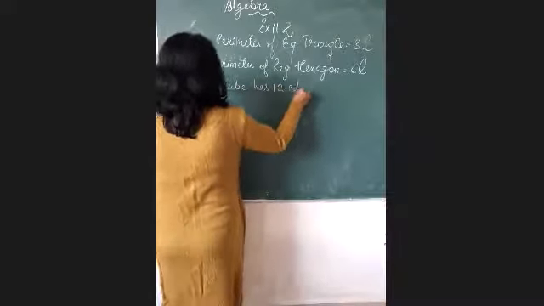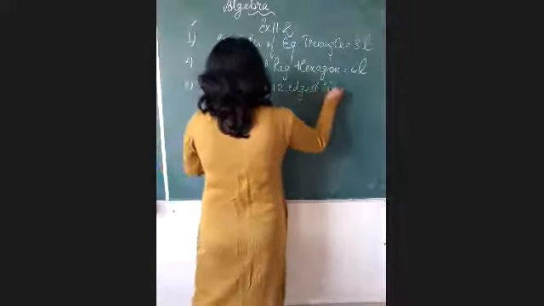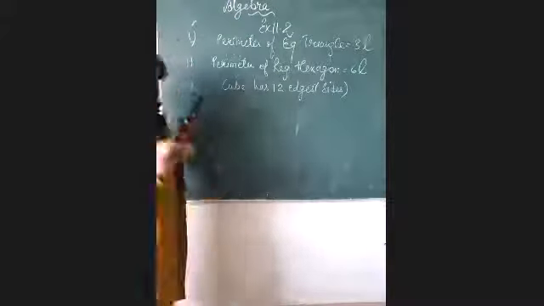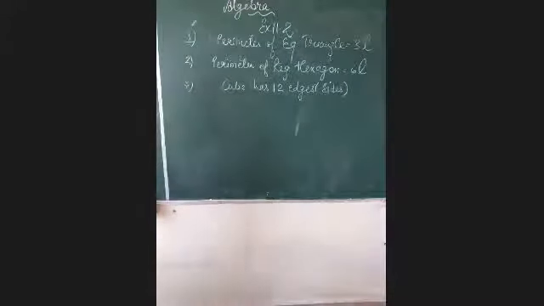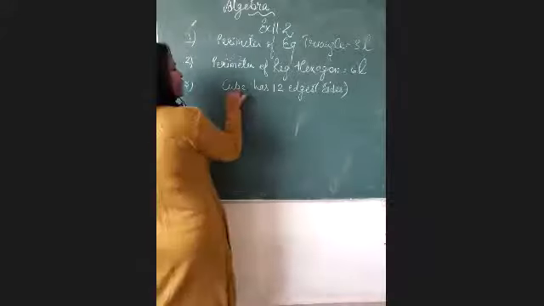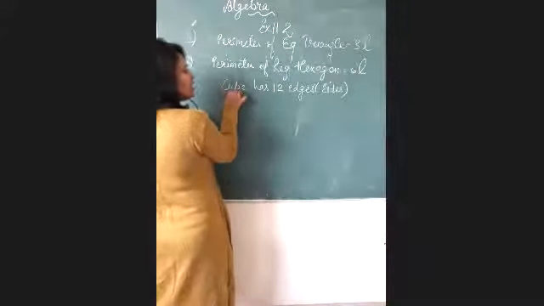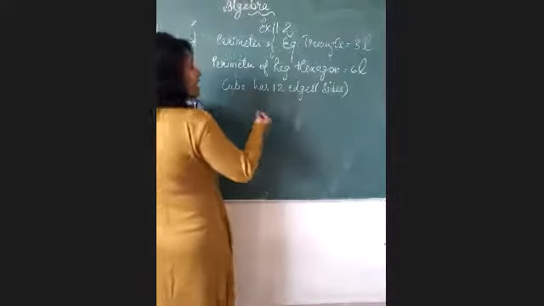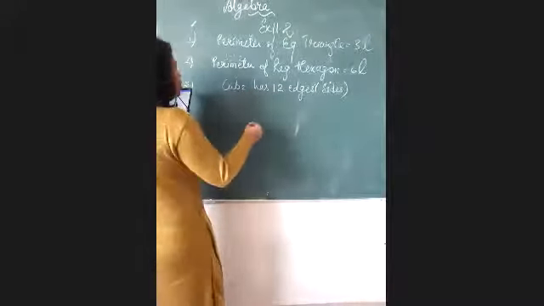Either you call it edges or you call sides. And all are of equal length because it is made up of squares, different squares. A square has all sides equal, so the cube also has all its edges of equal length. So it has 12 edges.